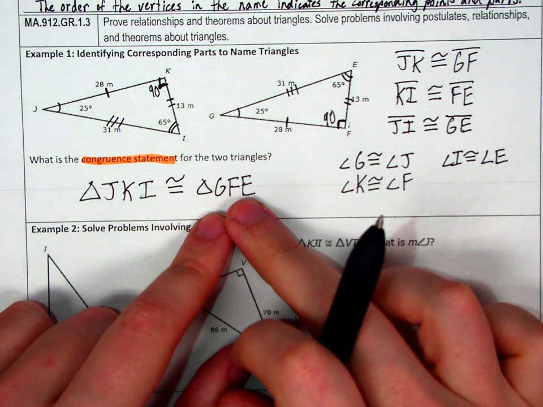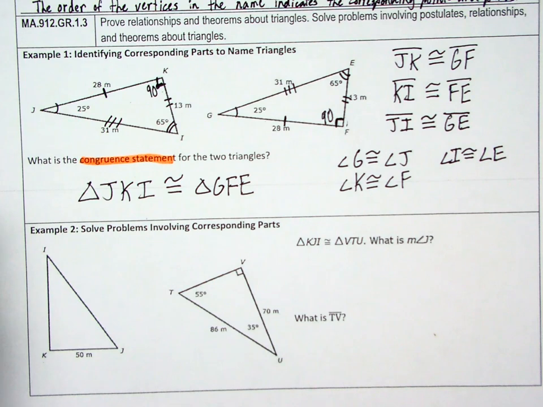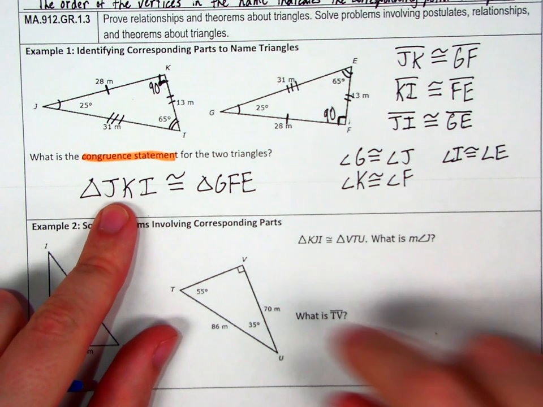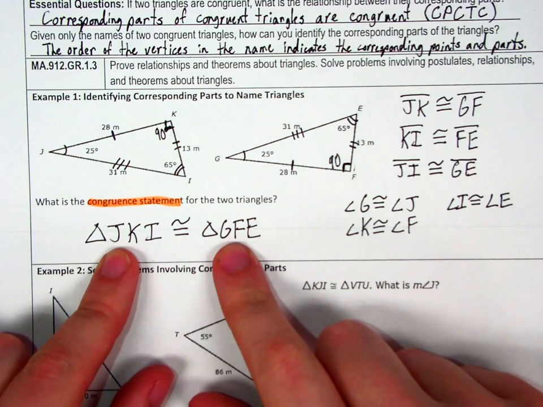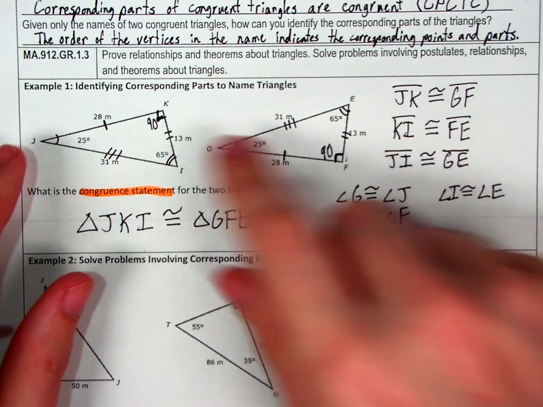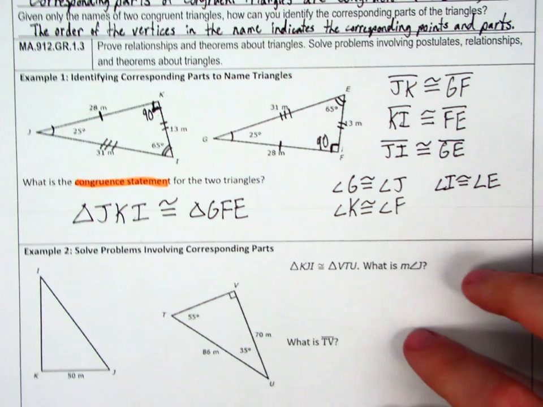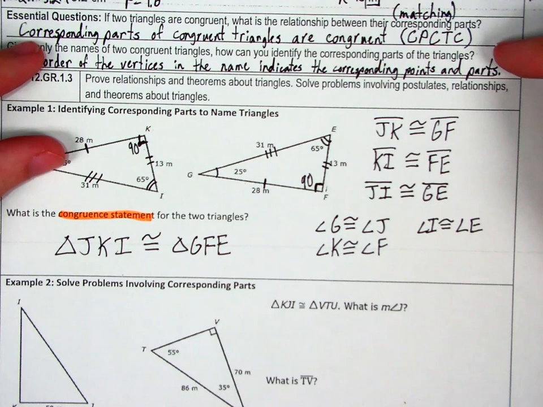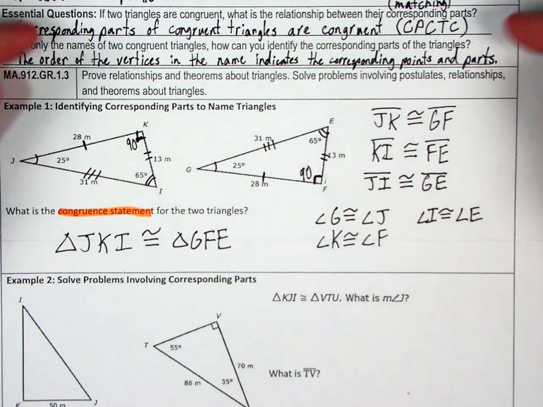It's important how we name this triangle. The parts here, J to K, have to match with G to F. The order of the vertices indicates the naming of corresponding points and parts.